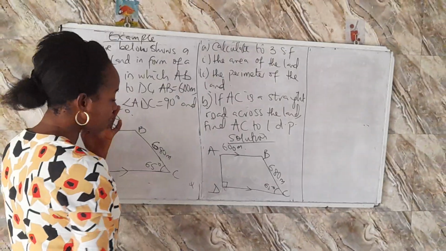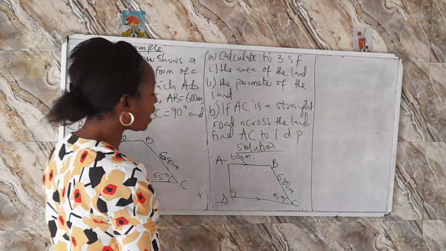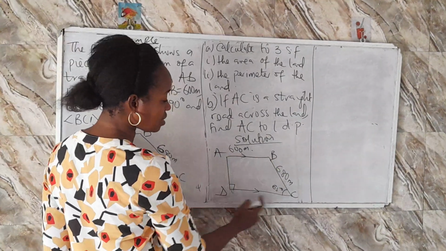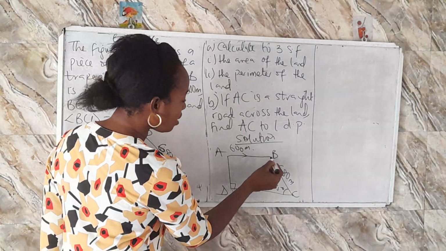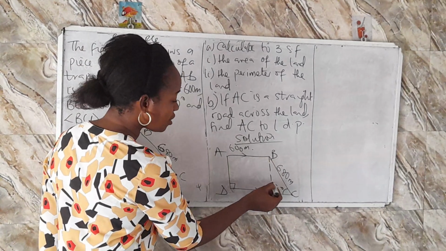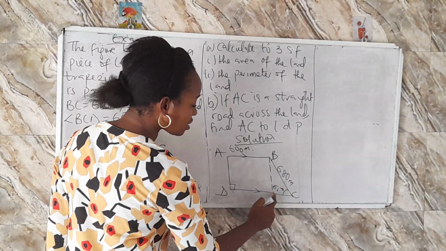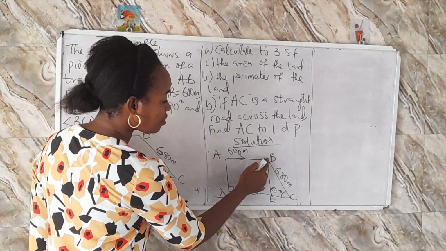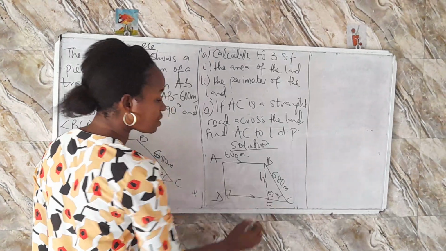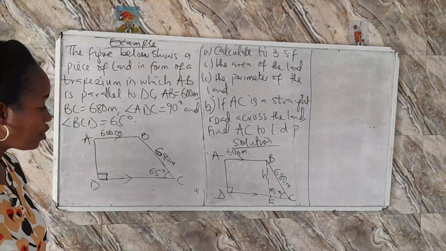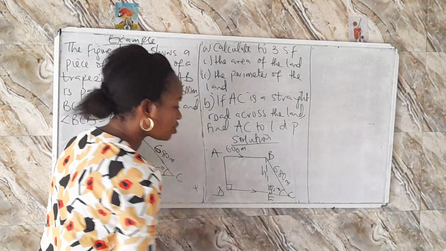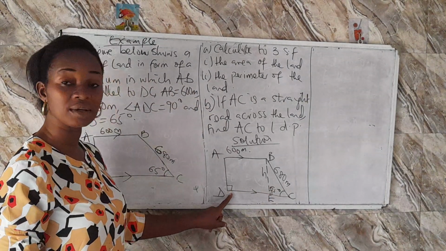Now we draw a perpendicular line from B meeting DC at, let me call it E. So from B to E becomes the height of the trapezium. Because we are given a right angle, this is also a right angle triangle. This is the right angle here.